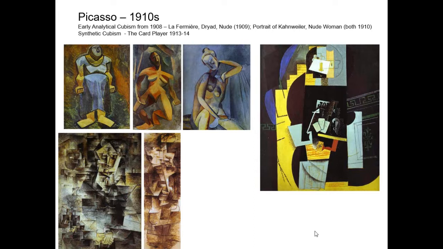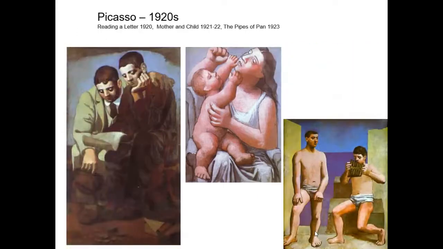Now, this work very much is built on what Cezanne did in his painting, in those kind of cube-shaped brush marks, but also in Cezanne, in nature could be rendered as a sphere, a cone, or a cube. On the right-hand side of the screen, what looks like a collage is what we call synthetic cubist style, and that really did come from exploration with collage and began a more flat approach to cubism.